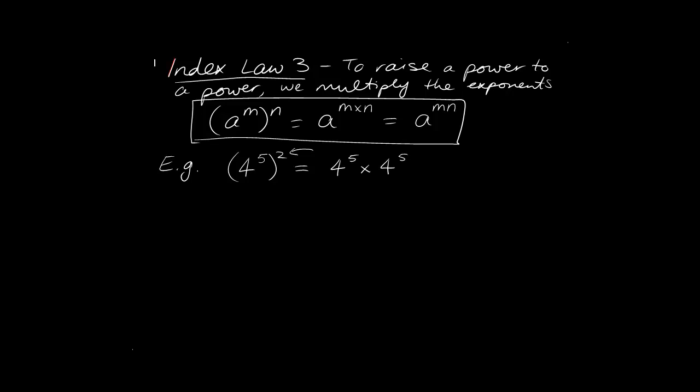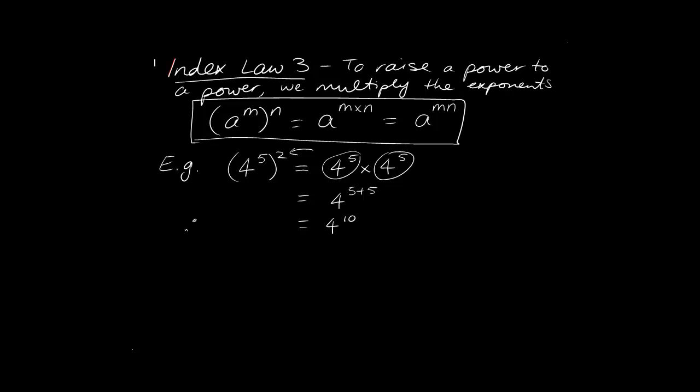Now we're talking about multiplying two powers. Bases are the same. By index law 1, this is the same as 4 to the power of 5 plus 5, which is the same as 4 to the power of 10.